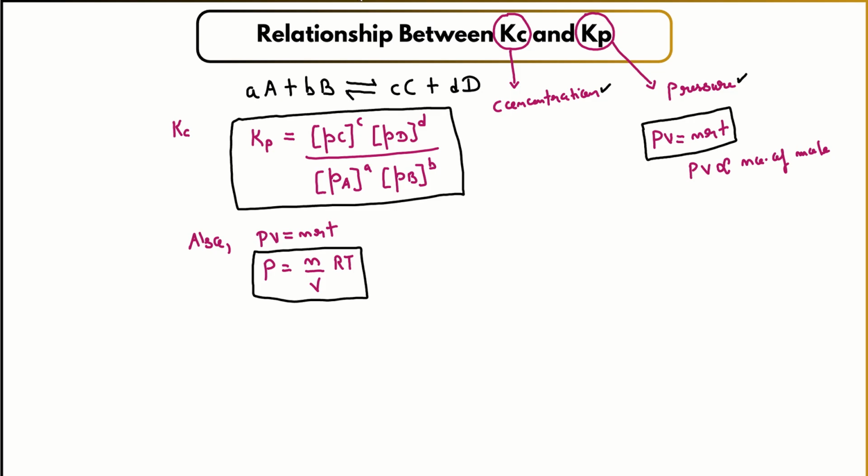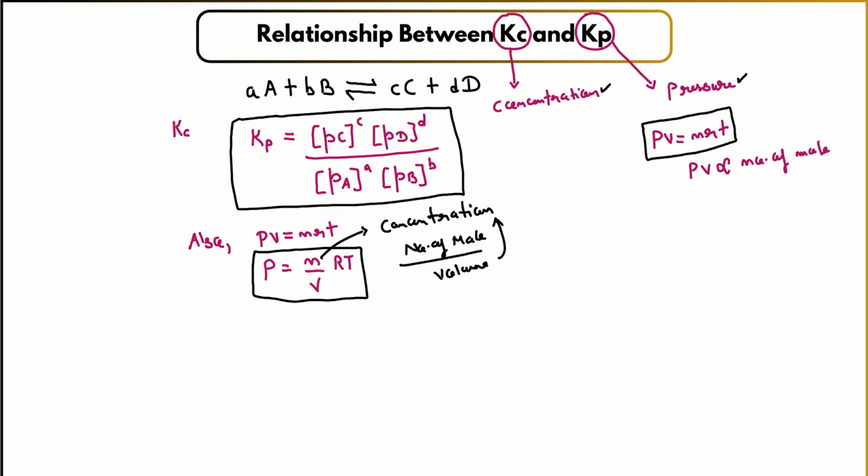Now guys, we know that n by V represents concentration, and simply n represents number of moles. So if you divide number of moles by volume, you will get concentration.